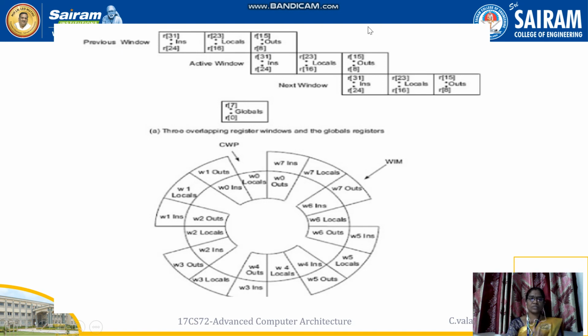Now how these windows interact: the output of the previous window is given to the input, it is executed in locals and given as output. This output is given to the input of the next window. Likewise, it is overlapped. So that is 3 overlapping register windows, and the global registers are given at the top of the diagram.